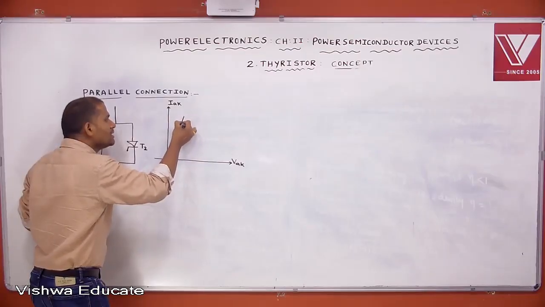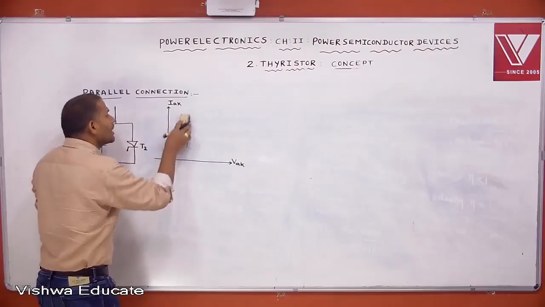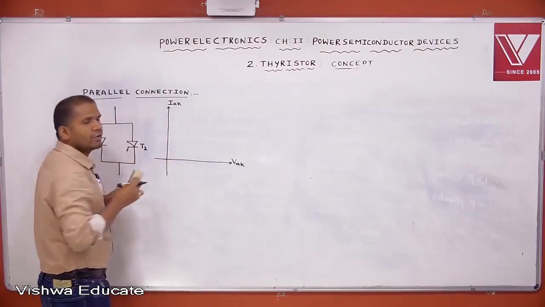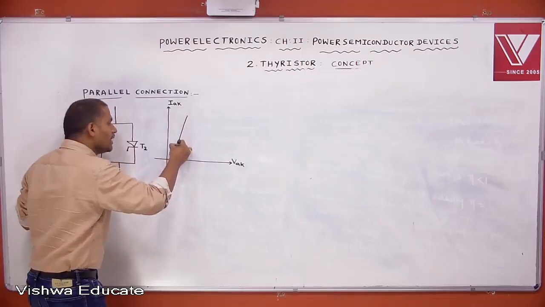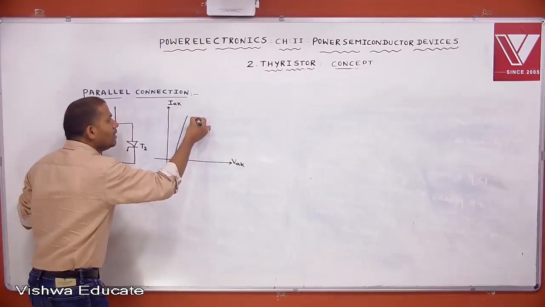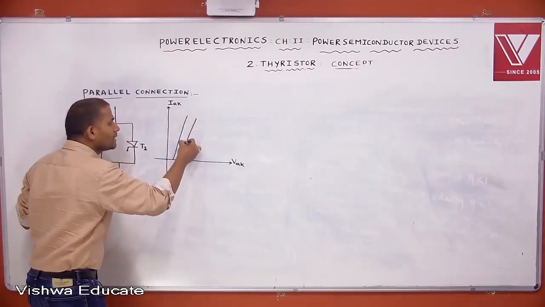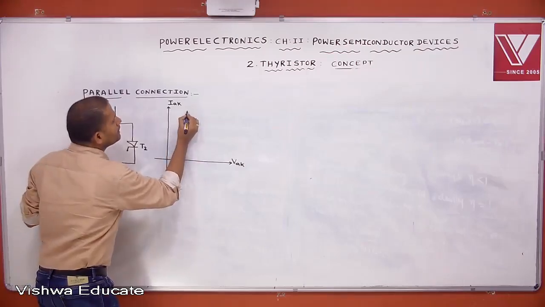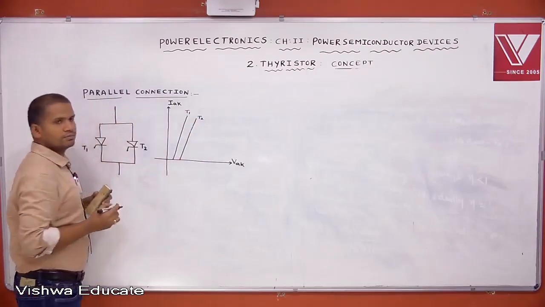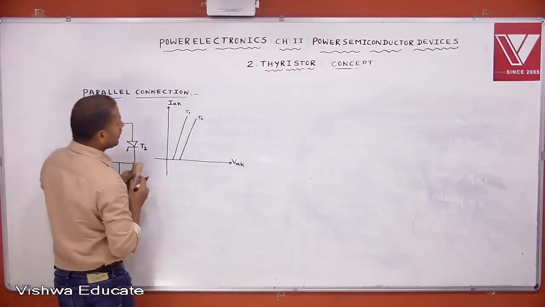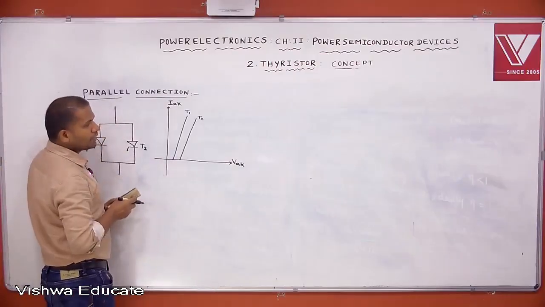I am not considering the blocking mode because I want current sharing only. This is the forward conduction characteristic of one SCR, T1, and this is that of the other SCR, T2. Okay, these are the characteristics of the two SCRs.